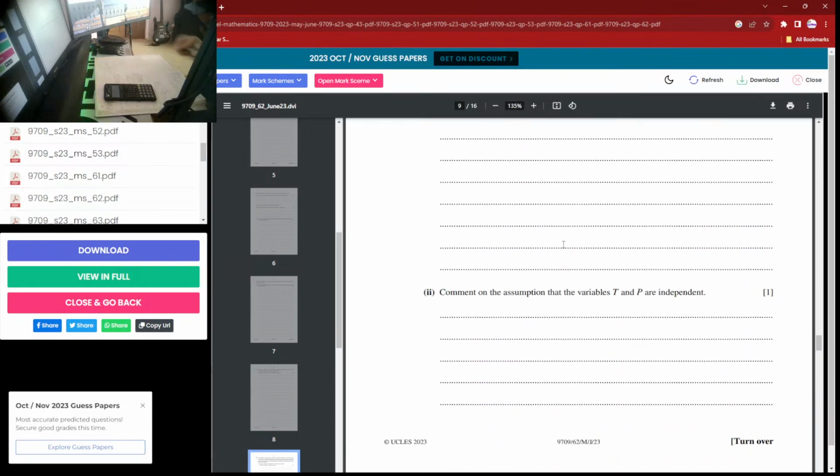Okay, number 2. Comment on the assumption that the variables T and P are independent.